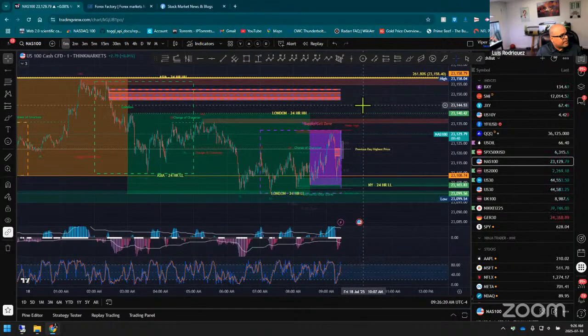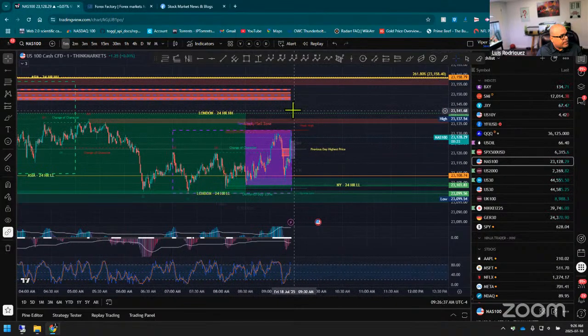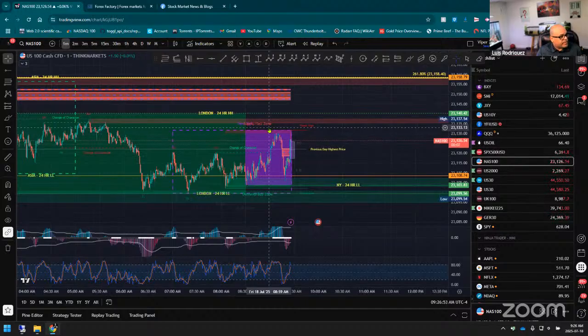That was a big spike before the market opens. But the market came down here, grabbed liquidity, and now it's pushing back up. Doing a New York higher high again. It's a very drastic move. Don't understand why, but some of the things that are happening in the morning pre-market conditions.